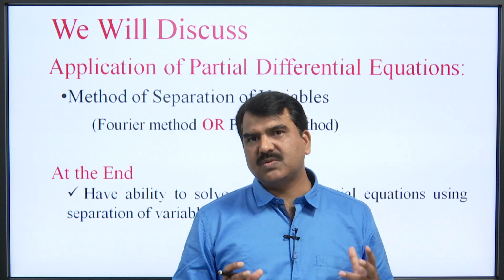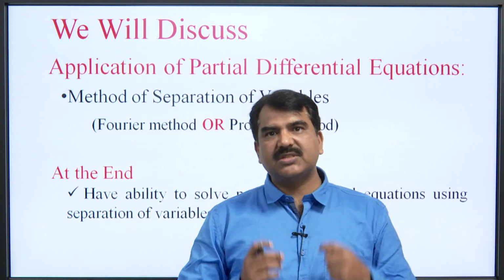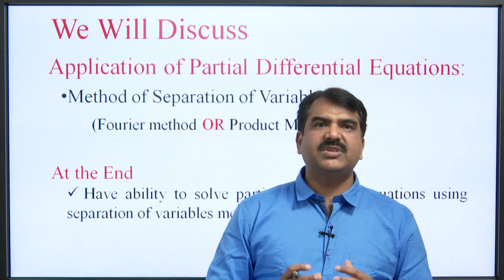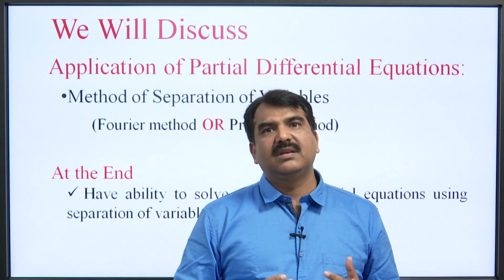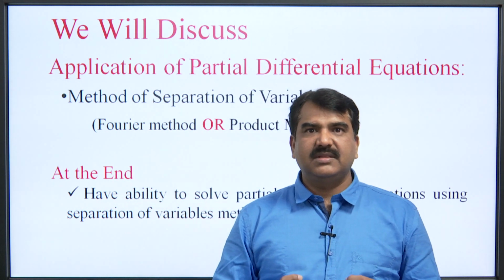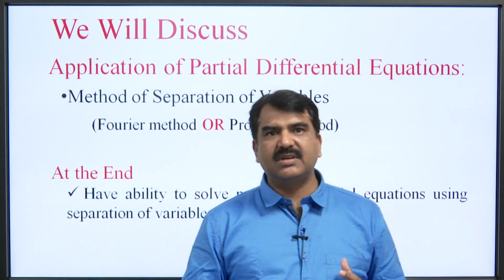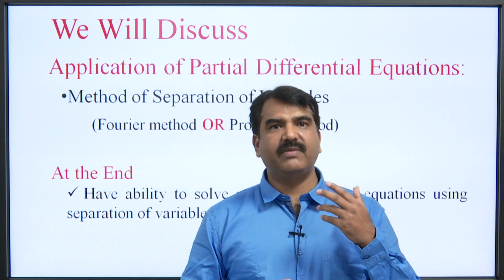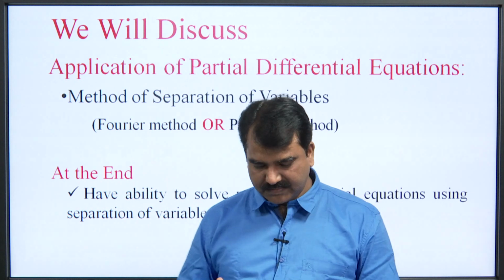Sometimes this method is also called the product method, because in this method we assume the solution as the product of two functions. We have to start the solution by assuming that the solution is the product of two functions. So, at the end of this discussion you will have the ability to apply the method of separation of variables to obtain the solution of a differential equation.